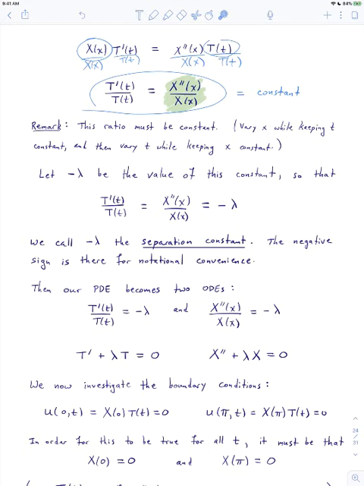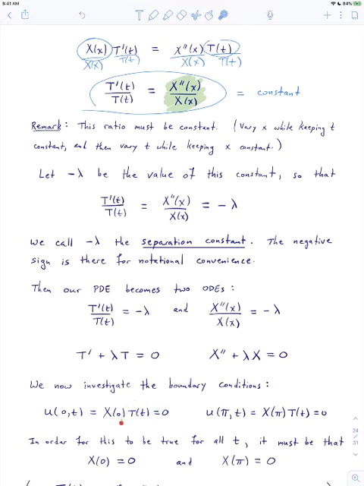Now in order for that to be true, one of these factors must be 0 at all times. Now it's possible that T at t is 0.